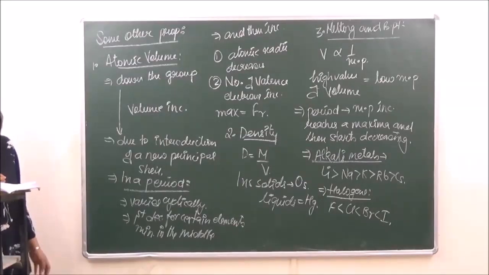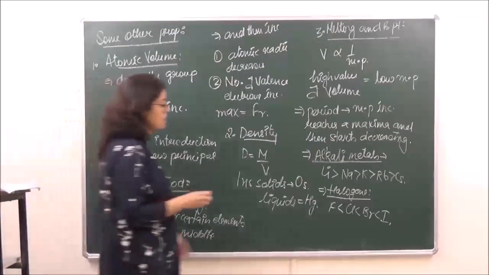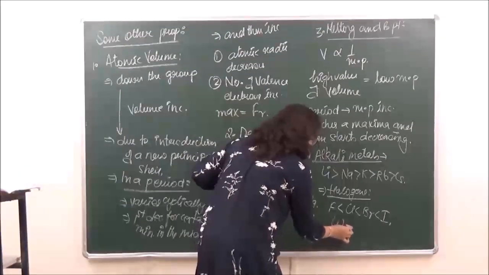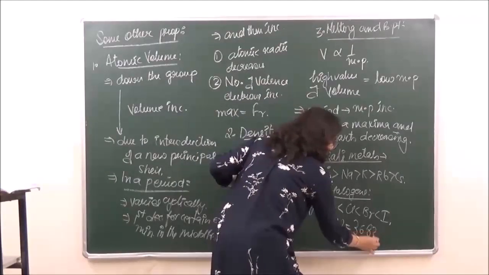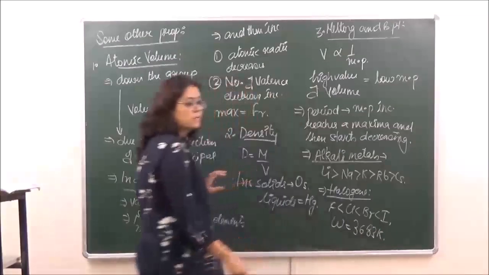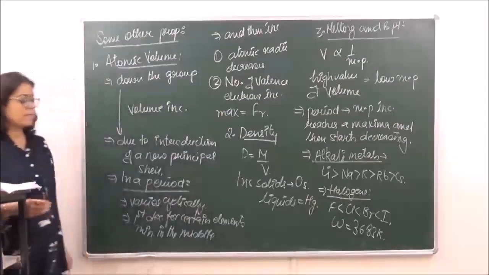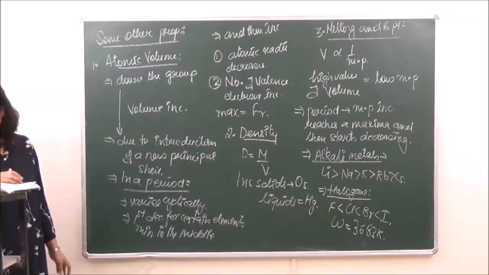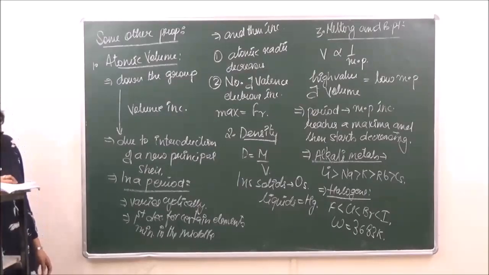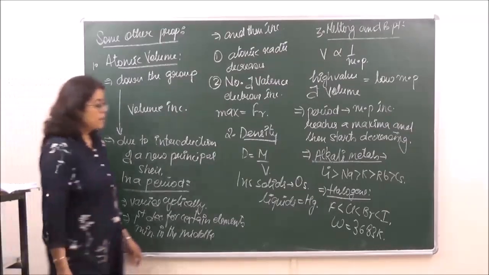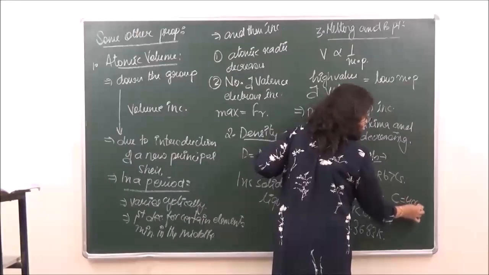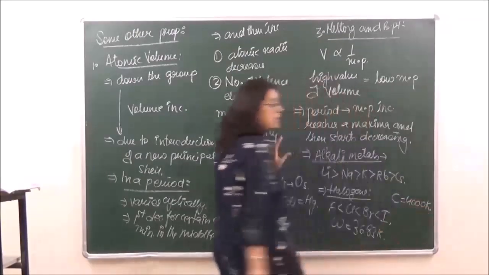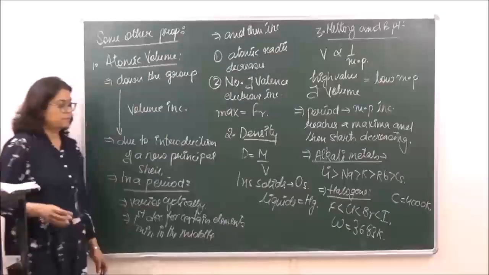Okay. Now in this case, tungsten has the maximum melting point. Tungsten has the maximum melting point of 3683 Kelvin among the metals. Among the metals, tungsten has the maximum melting point, and amongst the non-metals, carbon has the highest melting point of 4000 Kelvin. ठीक है?